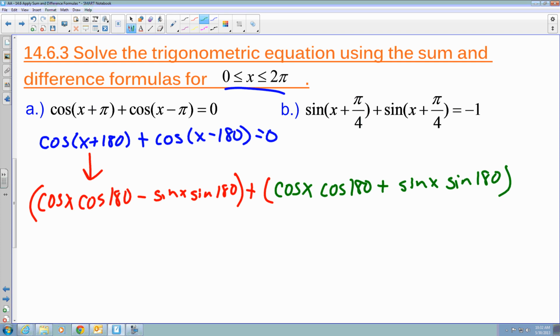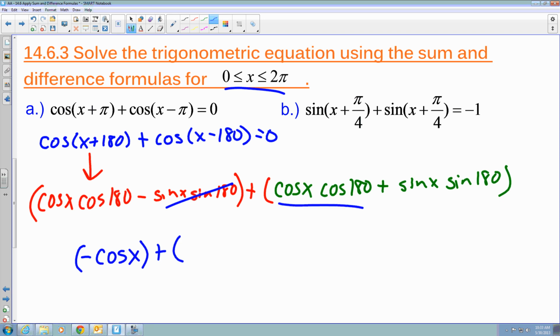So here, if I take each one individually, cosine of 180 gives me negative 1. So negative 1 multiplied by cosine x is going to be negative cosine x for the first part. And then the sine of 180 degrees gives me 0, so this cancels out. Now I go plus.